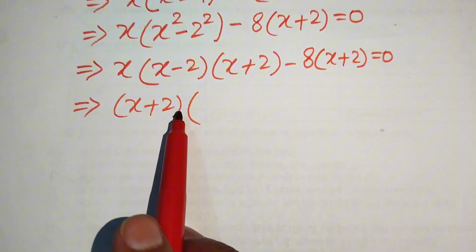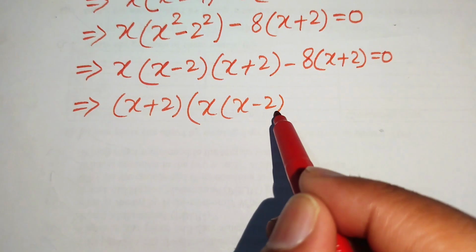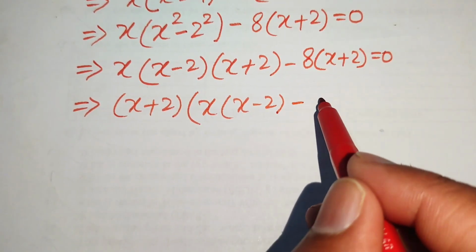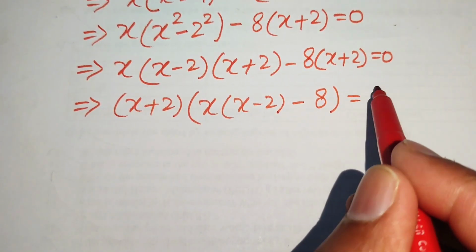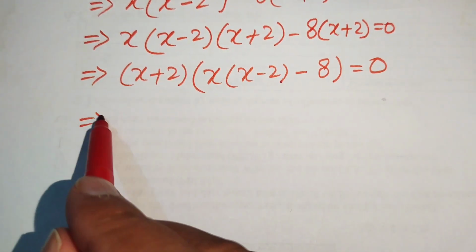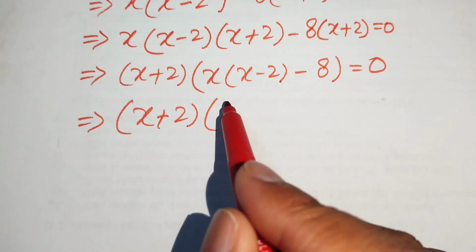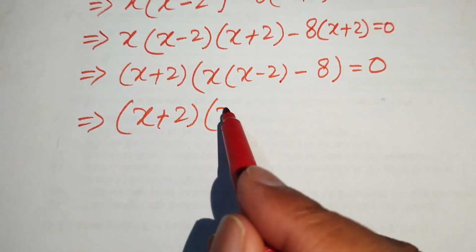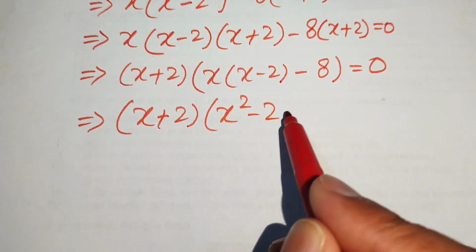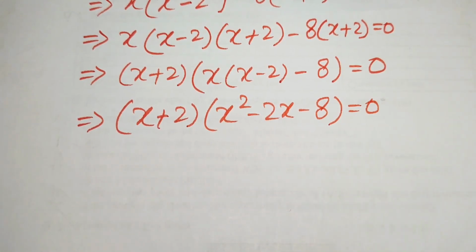So we take common x plus 2, and the remaining terms are x into (x minus 2), and here we get minus 8 equals 0. We need more simplification: it is written as (x plus 2) into, multiplying this x on both of these terms, x squared minus 2x minus 8 equals 0.